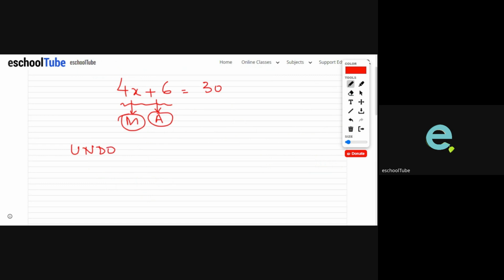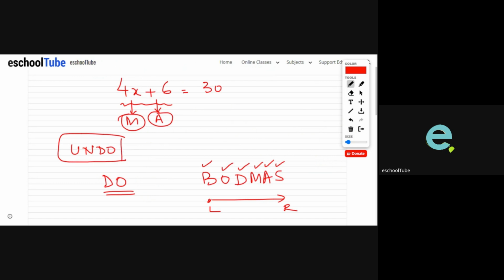Now you have to keep this in mind. The important thing is, when you are doing operations, you follow BODMAS, that means from left to right. You first do bracket, then this, then this, then this. But when you are undoing, you have to remove in the opposite direction.